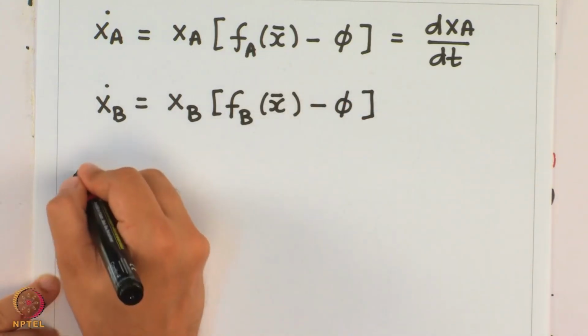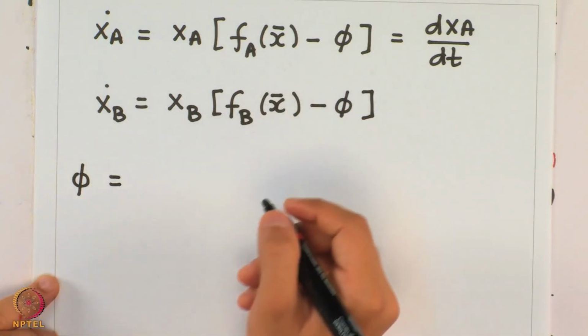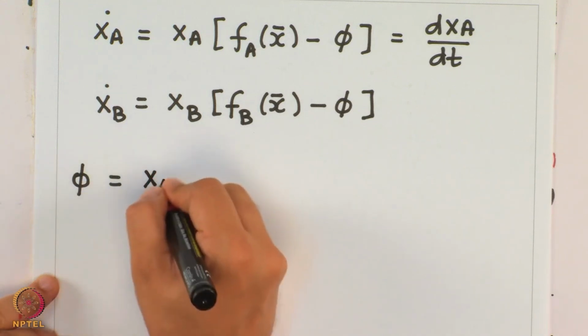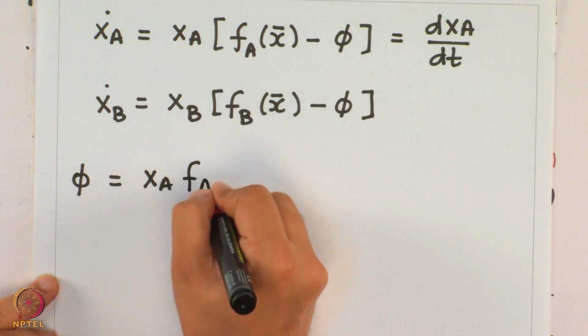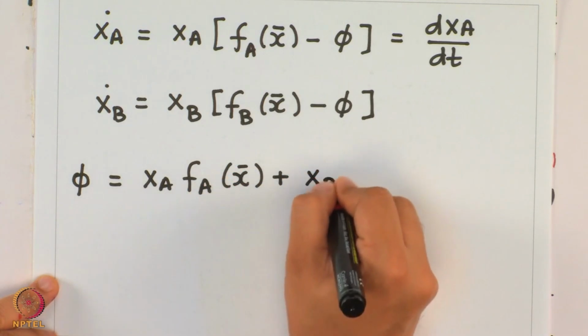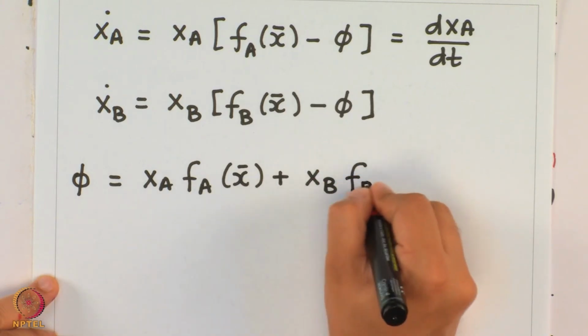Phi, of course, is the mean fitness associated with this environment, which is equal to x A times f A of x plus x B times f B of x.